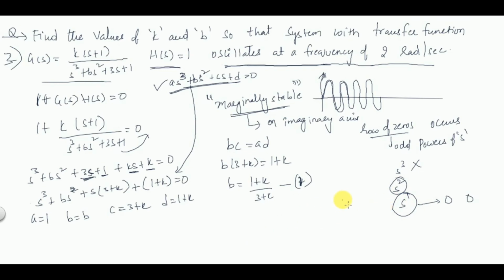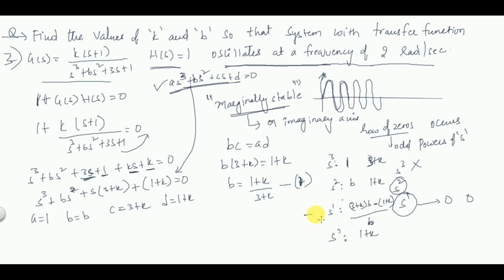Okay, so let me construct the Routh array. S cube row is 1 and (3 plus K), s square row is b and (1 plus K), and s power 1 is ((3 plus K) into b minus (1 plus K)) divided by b, and s power 0 is (1 plus K).